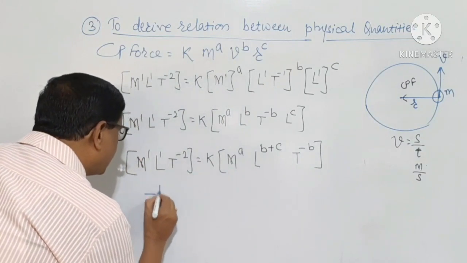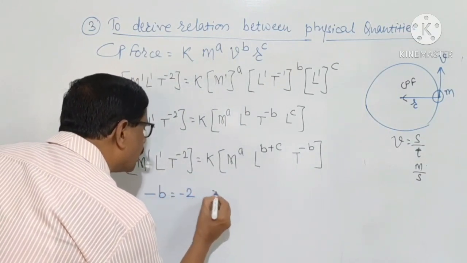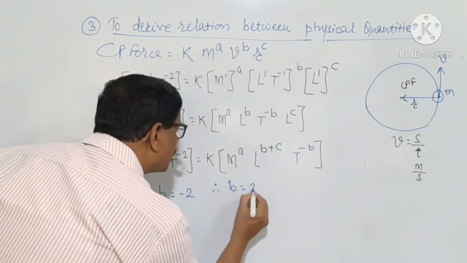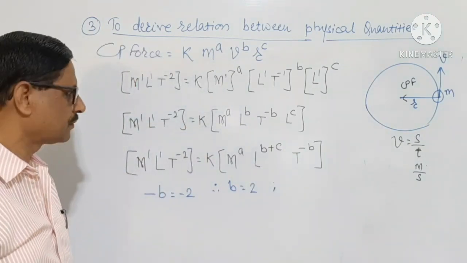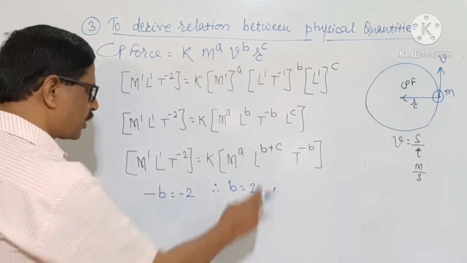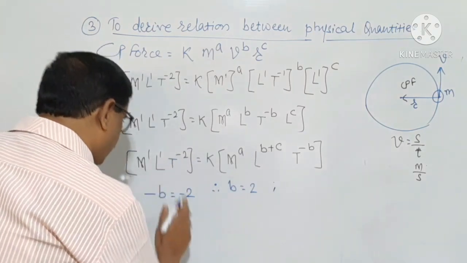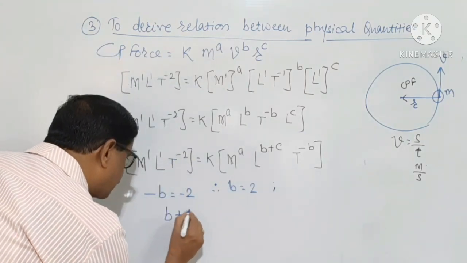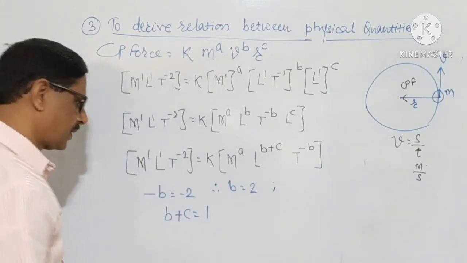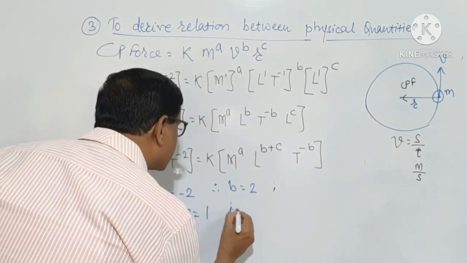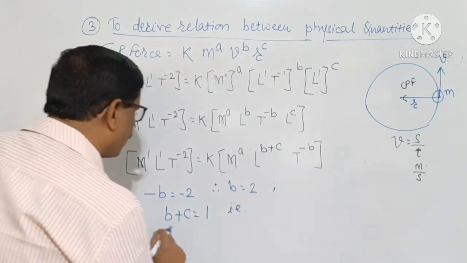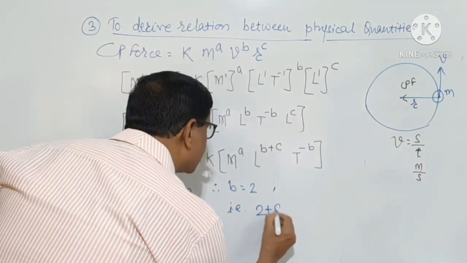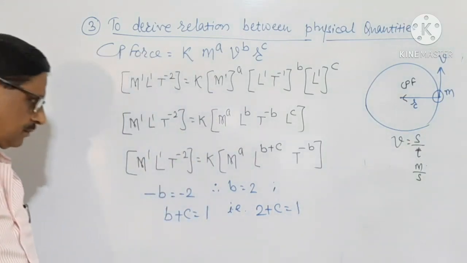Minus b is equal to minus 2. Therefore, b is equal to 2. This is the one thing that I got. What next? b plus c is equal to 1.